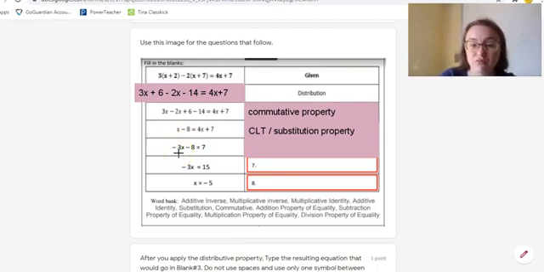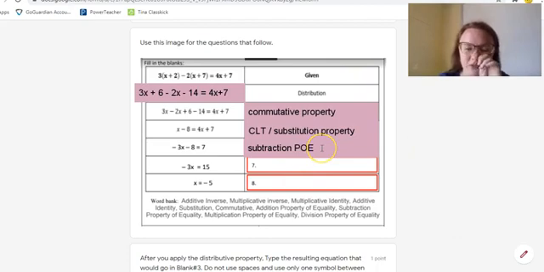So, what would I have had to do to get rid of this positive 4x? I would have had to subtract it to the other side, or subtract it on both sides. Okay? So what they did to solve this equation is they had to subtract on both sides. So that's the subtraction property of equality. I'm just going to do POE for property of equality. Because they had to subtract that positive 4x, and that's where they're getting this negative 3.